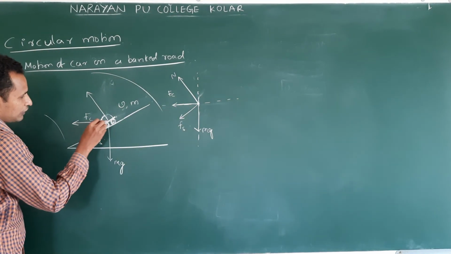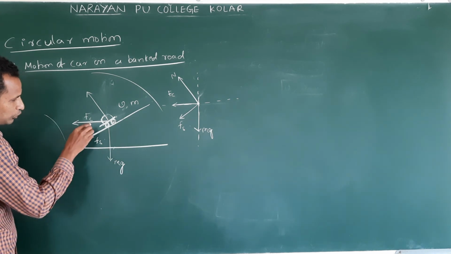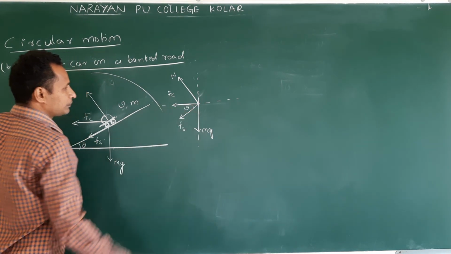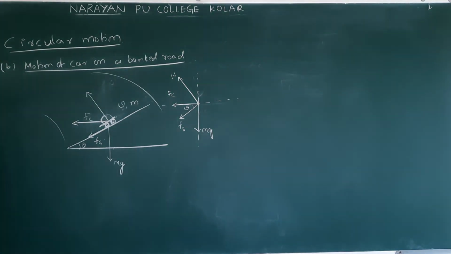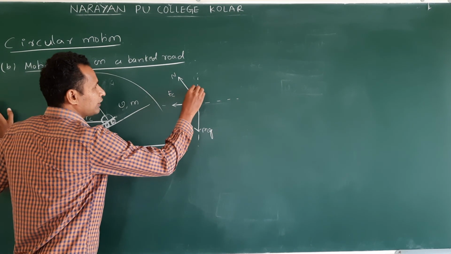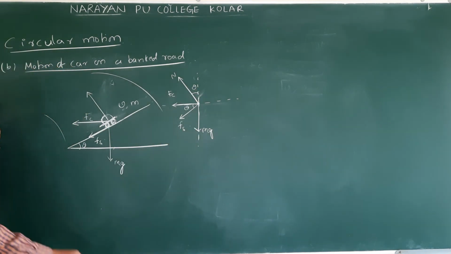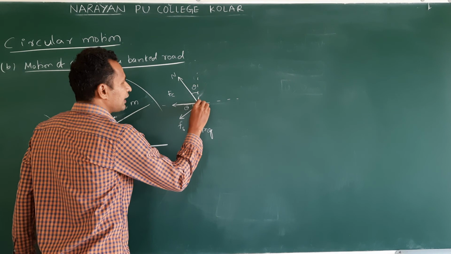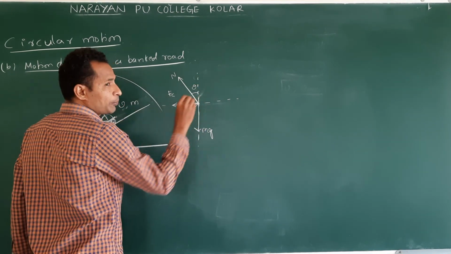This centripetal force and horizontal both are parallel. If this angle is theta, this will be theta. Okay? Right? And if this is theta, this angle also will be theta, because this line and this dotted line are perpendicular.